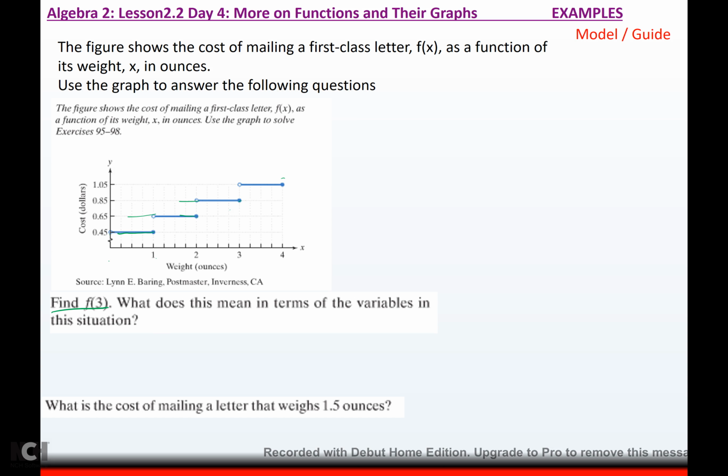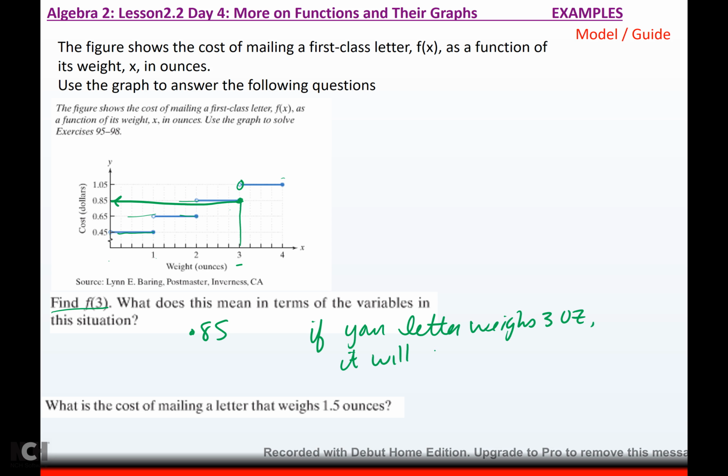So it says find f of 3. Well, here's 3. I go up to the graph. There's 2 points, one open, one closed. I pick the closed. That y value corresponds to 85 cents. And it means that if your letter weighs 3 ounces, it will cost 85 cents to mail.